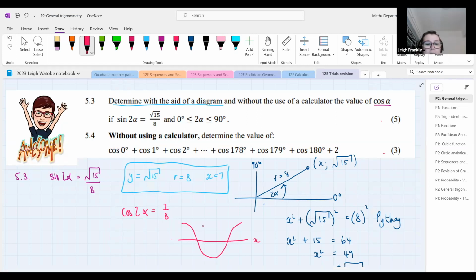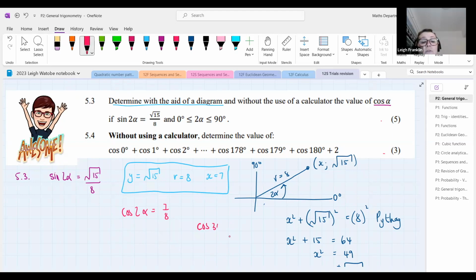If you consider 30 degrees, the cos of 30, in fact, we don't even need the graph. Let's just do it this way. If I double the angle, do I double the ratio? I can't, because I'm working along a curve.